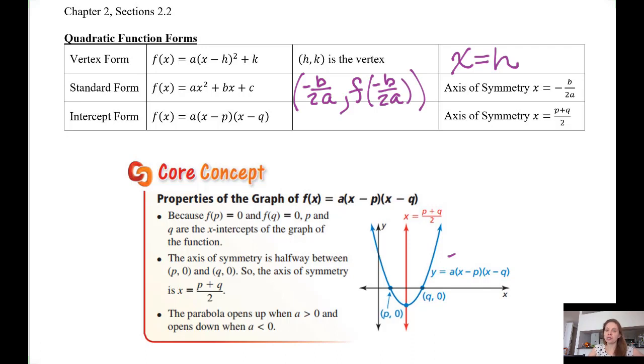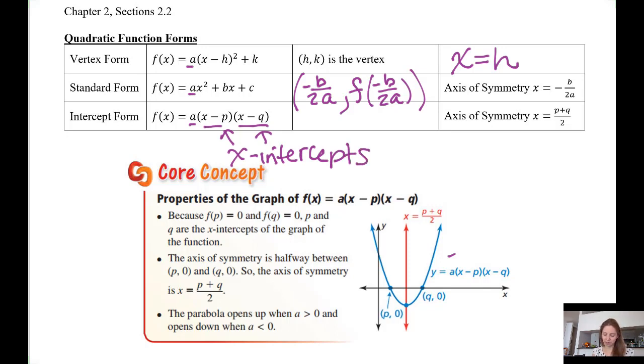And now the new form we're learning today is intercept form of a quadratic. And intercept form has an a value. They all have an a value. And then it has two binomials. And it's called intercept form because these constants p and q represent the x-intercepts of the parabola.